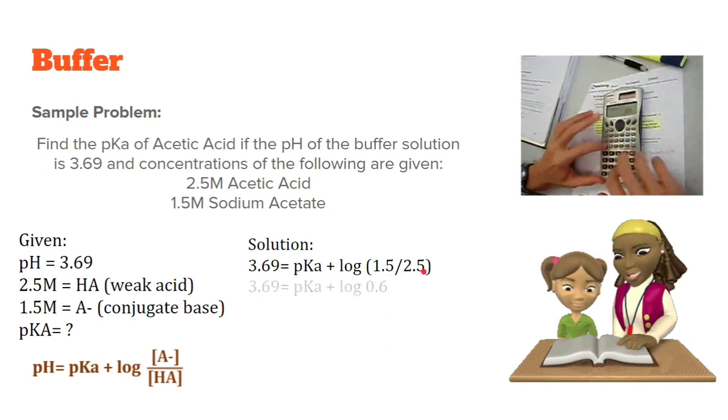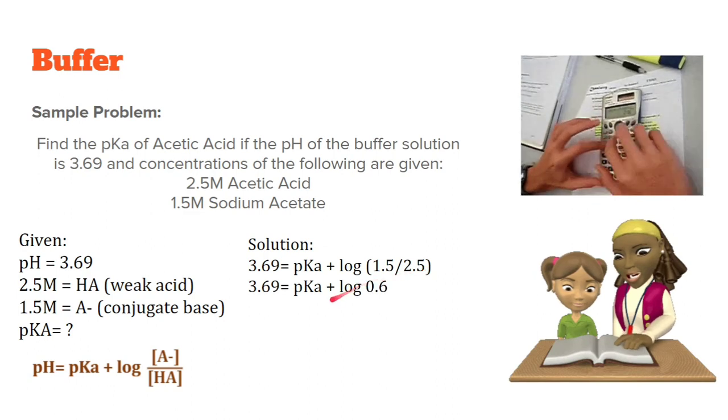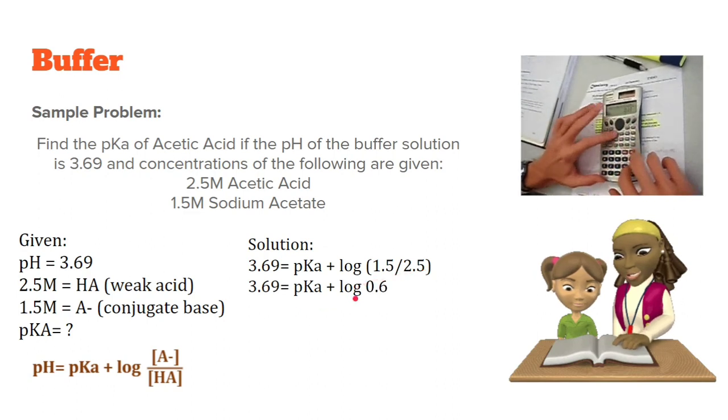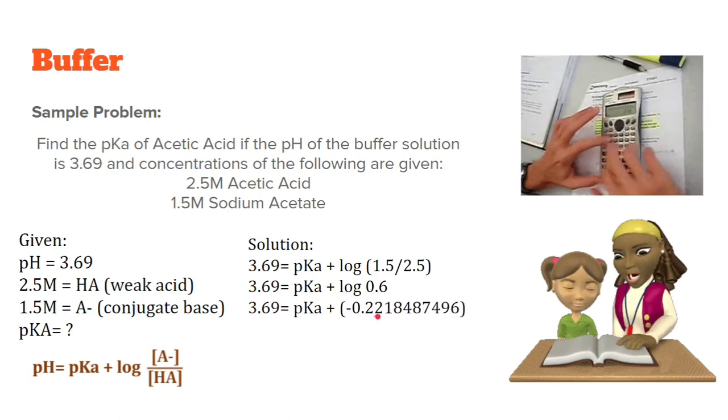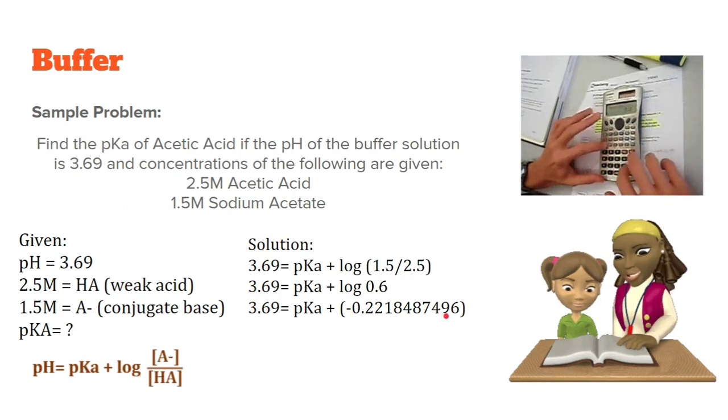Do the parenthesis first, so that is 3.69 equals pKa plus logarithm of 0.6. Using your scientific calculator, the logarithm of 0.6 is negative 0.2218.